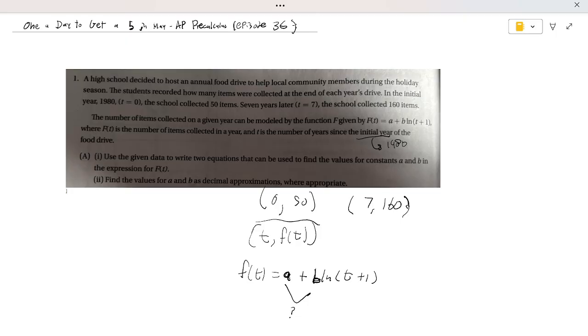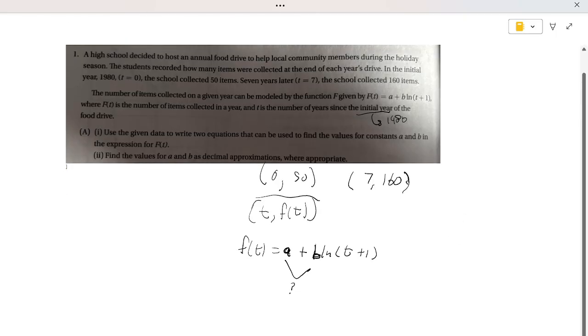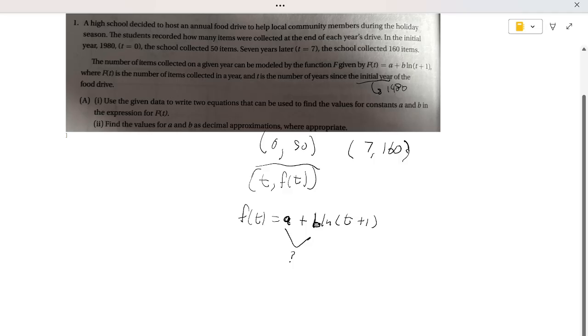First, let's do part 1, to write two expressions. These y values are f of t's, and the y value of 50 happens when t is 0. So let's plug that into our formula: f of t is 50 and t is 0.